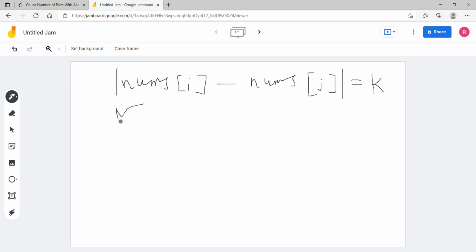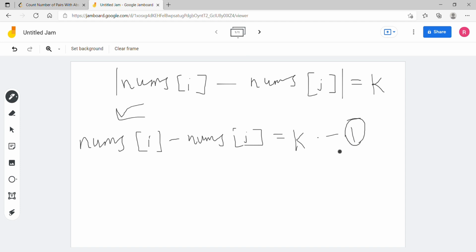One relation is nums i minus nums j equal to k.